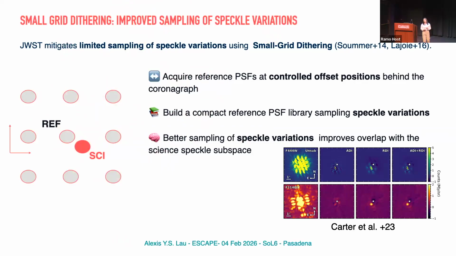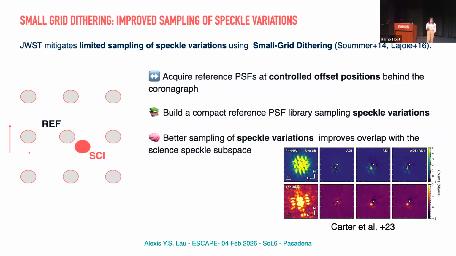By doing that, we are able to sample different speckle realizations in the reference image library, giving it better variations of the speckle realizations and improving the overlap with the science speckle subspace. This technique has worked really well and has become a standard procedure of JWST coronagraphic observations.